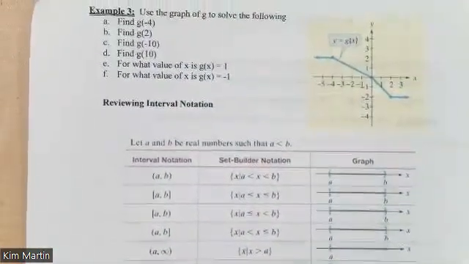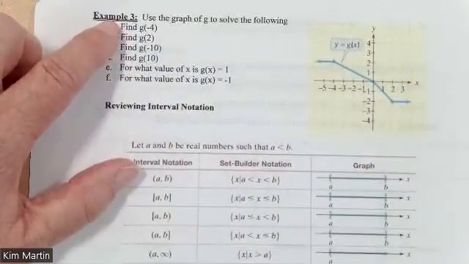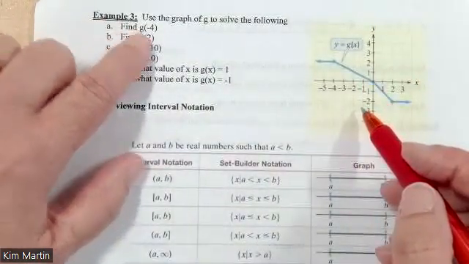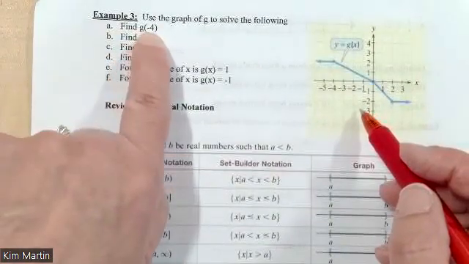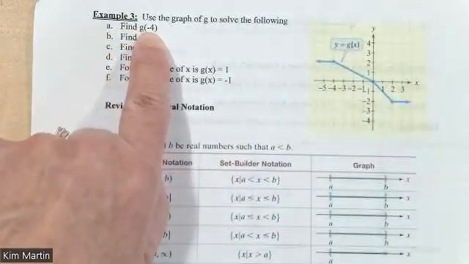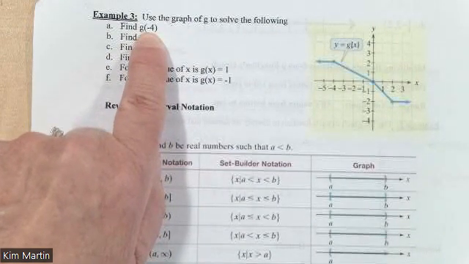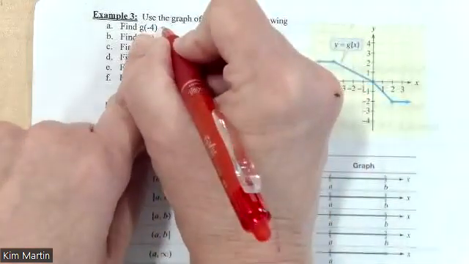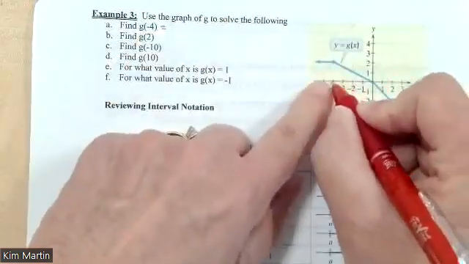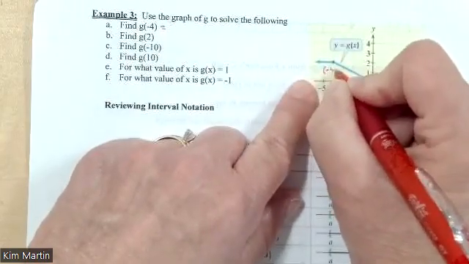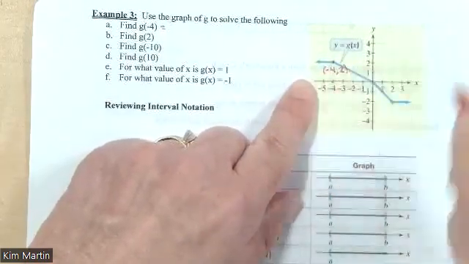Example 3. We're now going to be using a graph. What does this -4 stand for? My x. So I want to know, what is my y value when x is -4? If you go left to -4 and you go up here, that is the point (-4, 2).